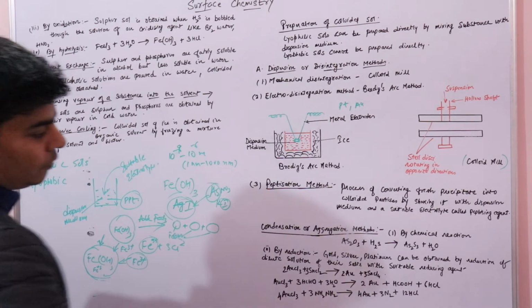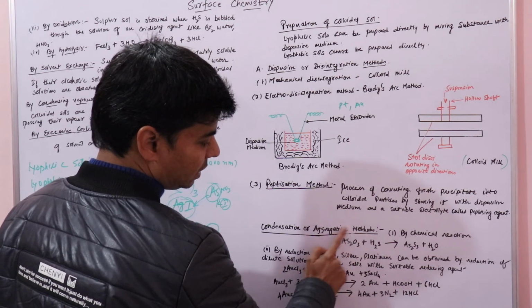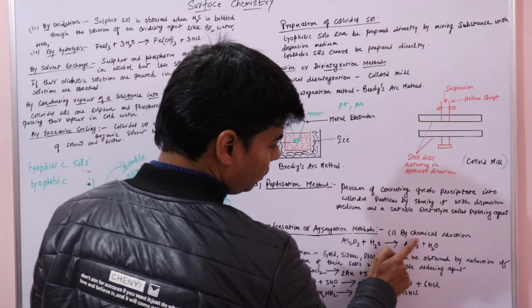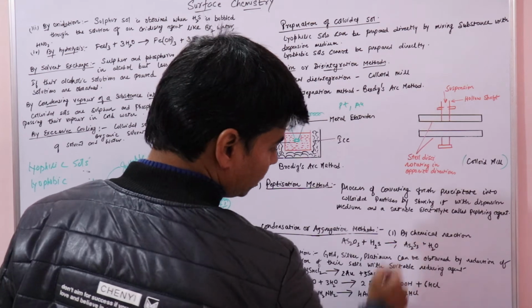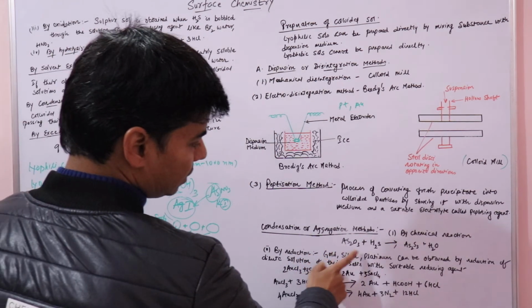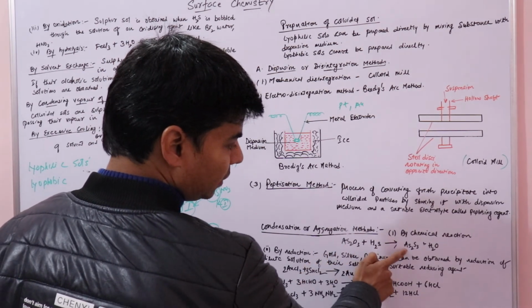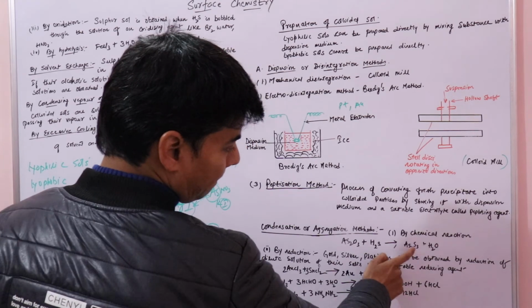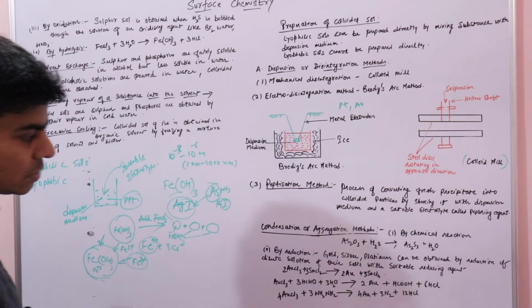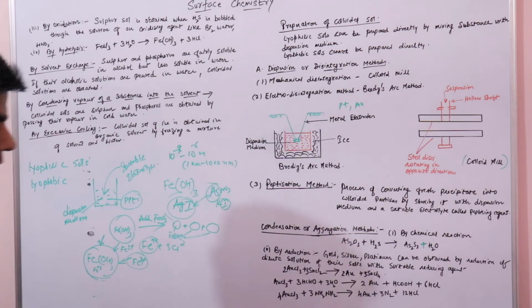So when hydrogen sulfide is passed through a solution of arsenious oxide, it will change into a colloidal solution of arsenious sulfide, which falls into colloidal particle size.